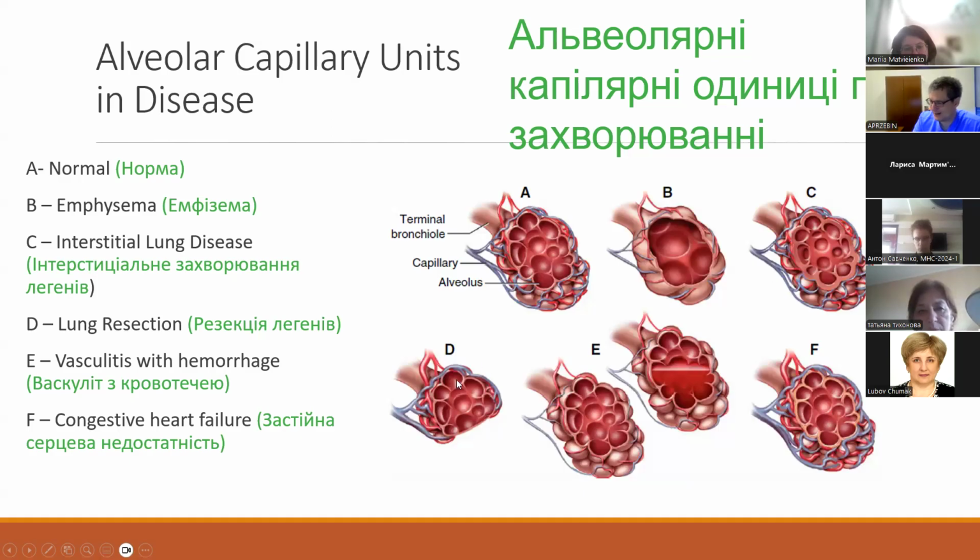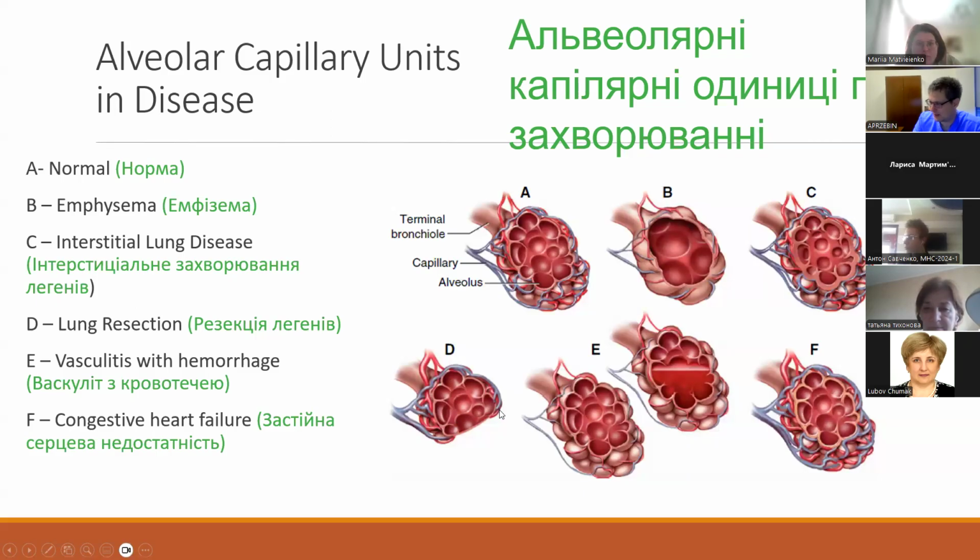In D, you have lung resection, where the blood supply is, if anything, somewhat dilated compared to this one, but you lose some alveolar units. So in D, the DLCO decreases, but the efficiency, which is the DLCO per unit volume, the KCO, actually is pretty good.